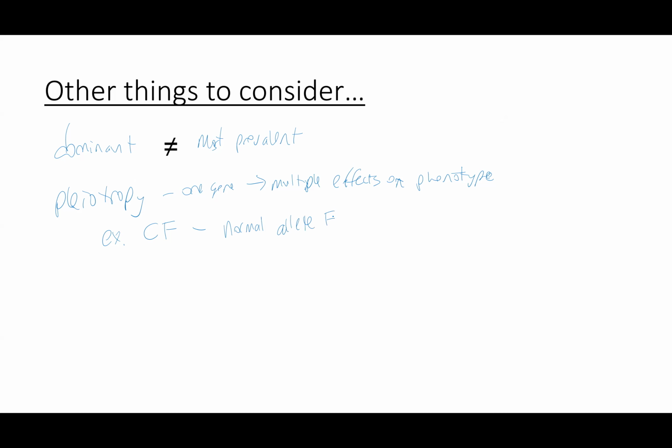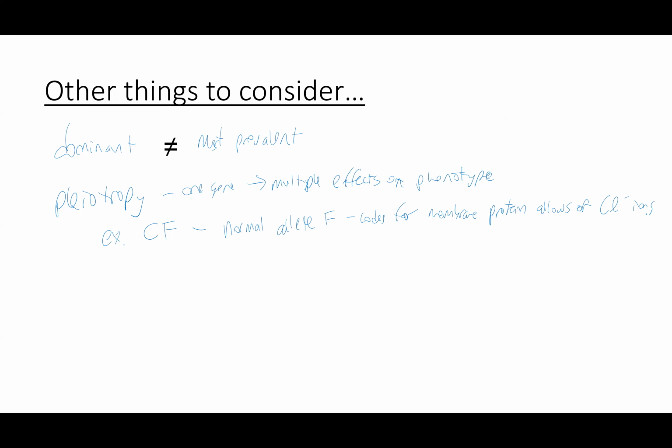So the normal allele F codes for a membrane protein. And that membrane protein allows the transport of chloride ions between the intracellular fluid and the cell itself. So the movement of chloride ions is controlled by this membrane protein.